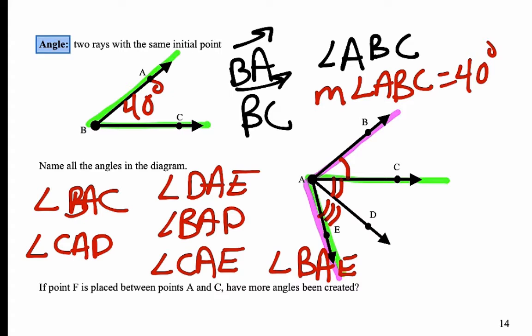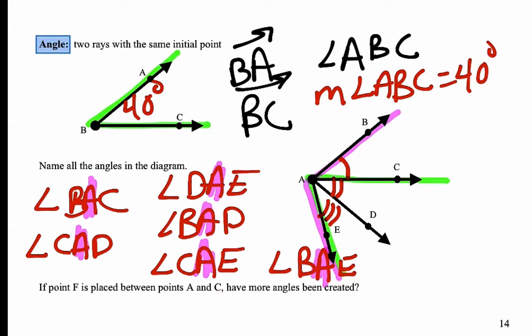So don't just look at the 3 that are obvious, make sure you understand. Any angle is simply 2 rays that share that same point. And if you look at how I labeled all of these, the angles have A as that center letter. It's very important that you label angles with that initial point that they share always in the middle.